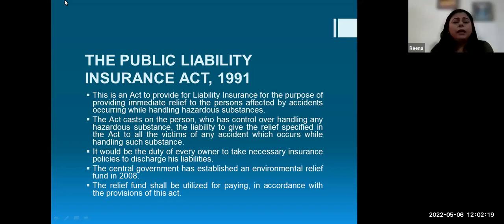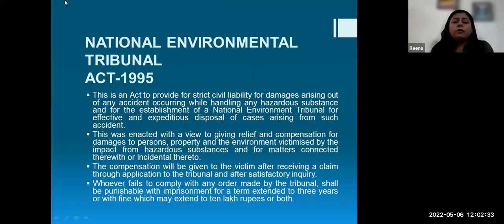Then the National Environment Tribunal Act of 1995 came, where there was an establishment of a National Environment Tribunal, and it was enacted to give relief and compensation for the damages to persons, property, and environment which are victimized due to the impact of hazardous substances.